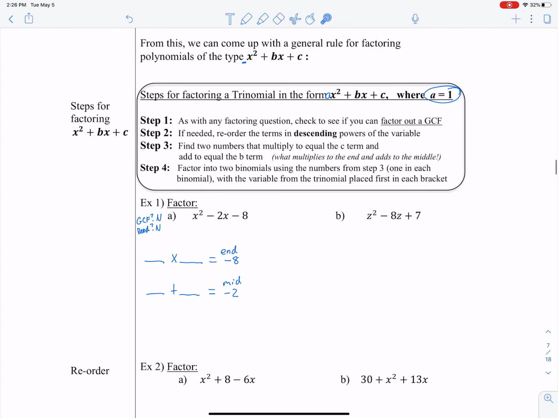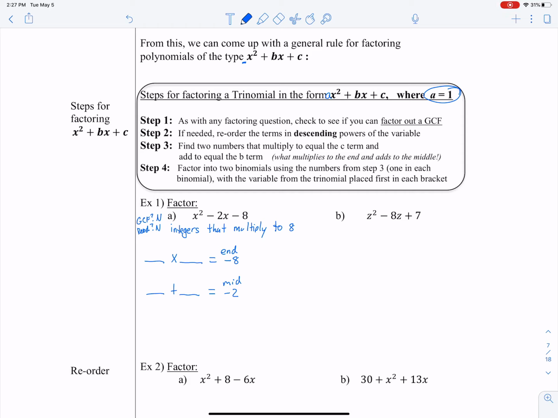So how do we find these magical numbers that multiply together to give us minus 8 and add together to give us minus 2? So we need to write out all of the numbers that multiply together to give 8. So we need integers, which means whole numbers, that multiply to 8.